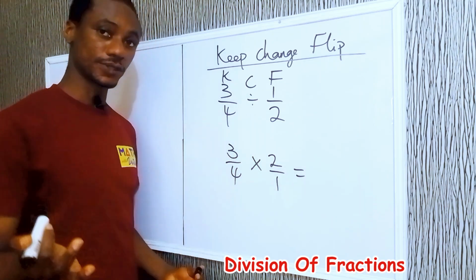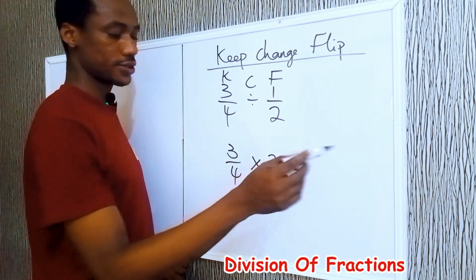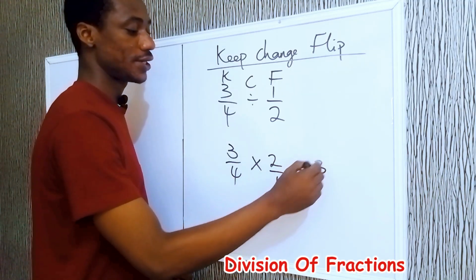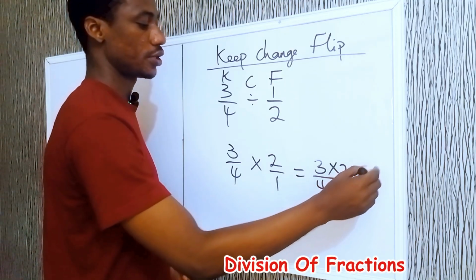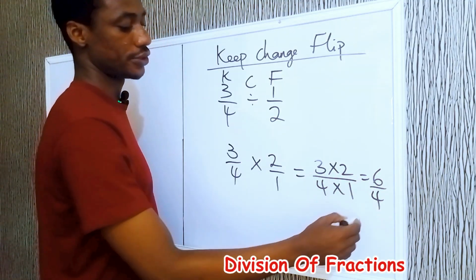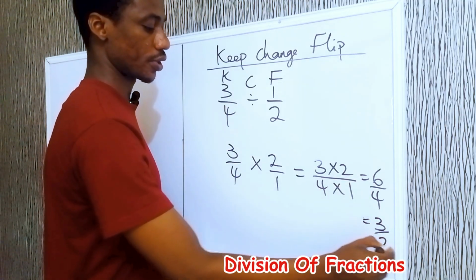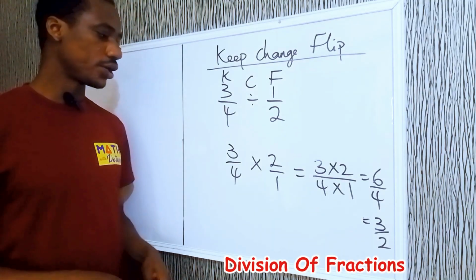Remember, for multiplication of fractions, it's straightforward: numerator multiplies numerator and denominator multiplies denominator. So you have 3 times 2 over 4 times 1. 3 times 2 is 6 and 4 times 1 is 4. You can reduce this to 3 over 2, which is 1.5.